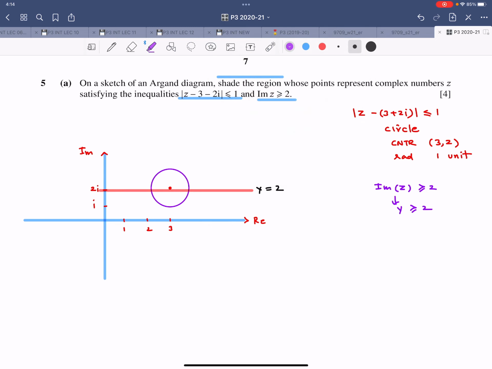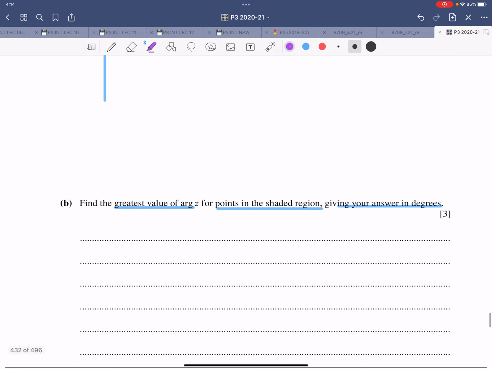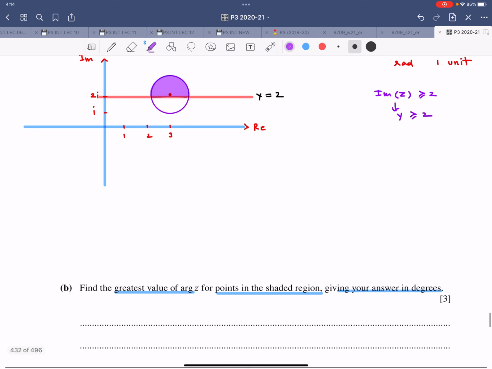Let me make it thicker. This one over here that is above, that's like half of the circle, a semicircle kind of thing. Now it says find the greatest value of argument of z for points in this region.